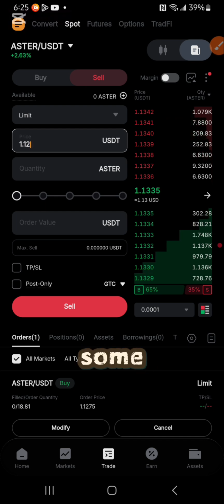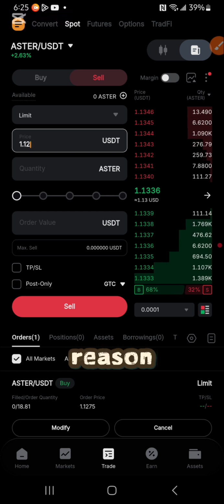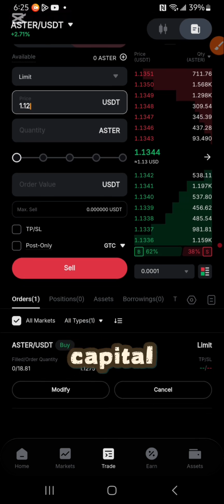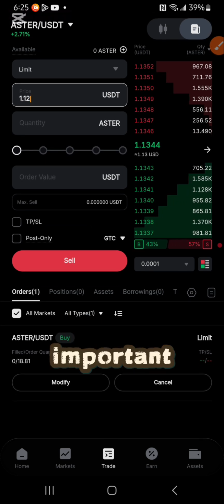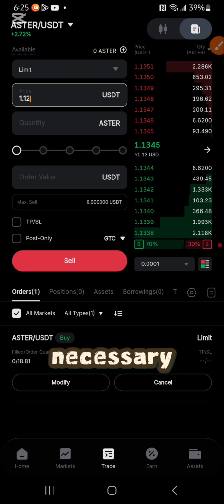But usually some people do put stop losses in some cases. That's the more reason when you are dealing with a huge capital, like capital that is very important to you, using a stop loss will be very necessary.